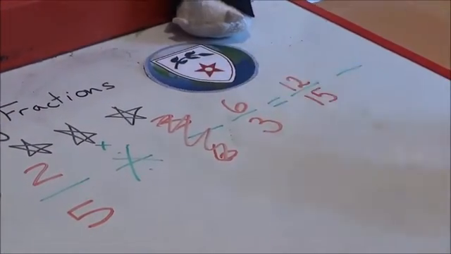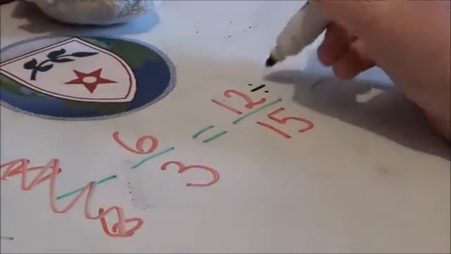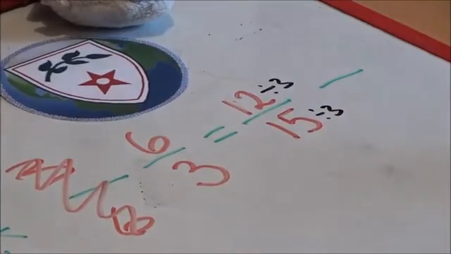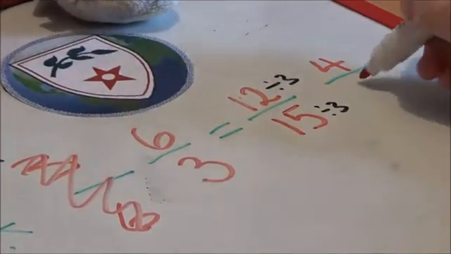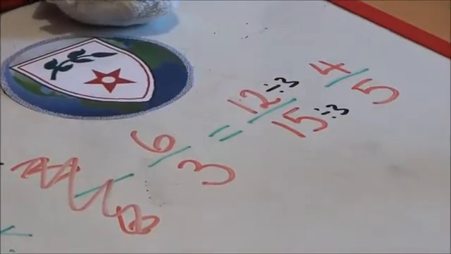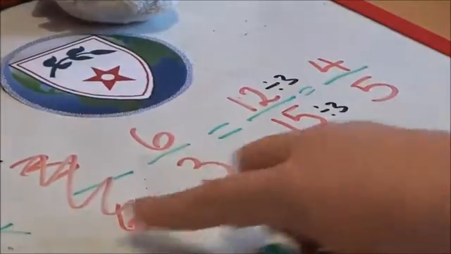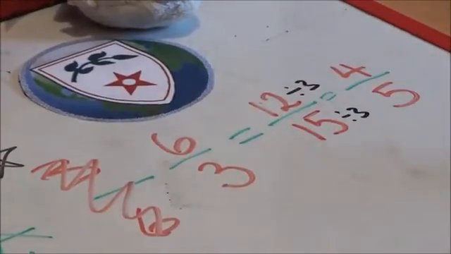So I could simplify this further. Divide 12 by 3, divide 15 by 3. 12 divided by 3 is 4, 15 divided by 3 is 5. So at its simplest form, 2/5 divided by 3/6 is the same as 4/5.